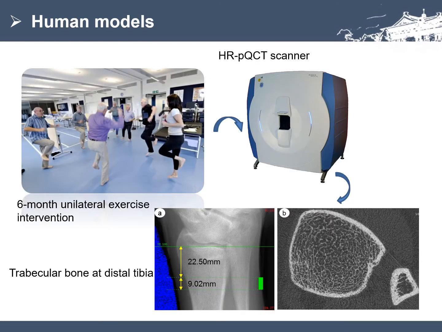To validate the novel algorithm, an in vivo human study was included for the first time. A 6-month unilateral exercise was designed. Before and after the exercise, the distal tibia was scanned by an HR-pQCT scanner with a resolution of 82 micrometers to check the microstructure change of trabecular bone at the distal tibia.